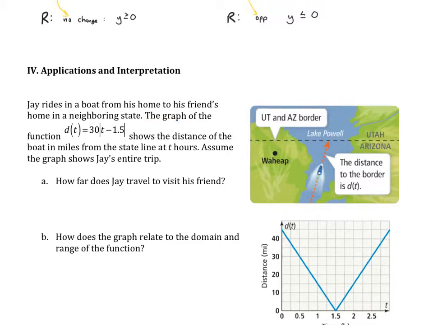The graph of the function d of t is equal to 30 times the absolute value of t minus 1.5. You don't need to know where that comes from right now. This is just the graph of the function down there. It shows the distance of the boat in miles from the state line. Assume the graph shows Jay's entire trip.